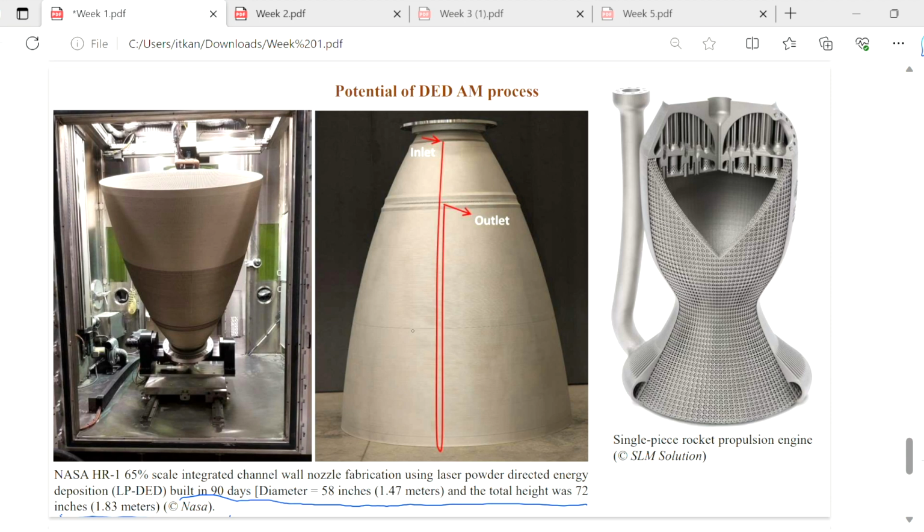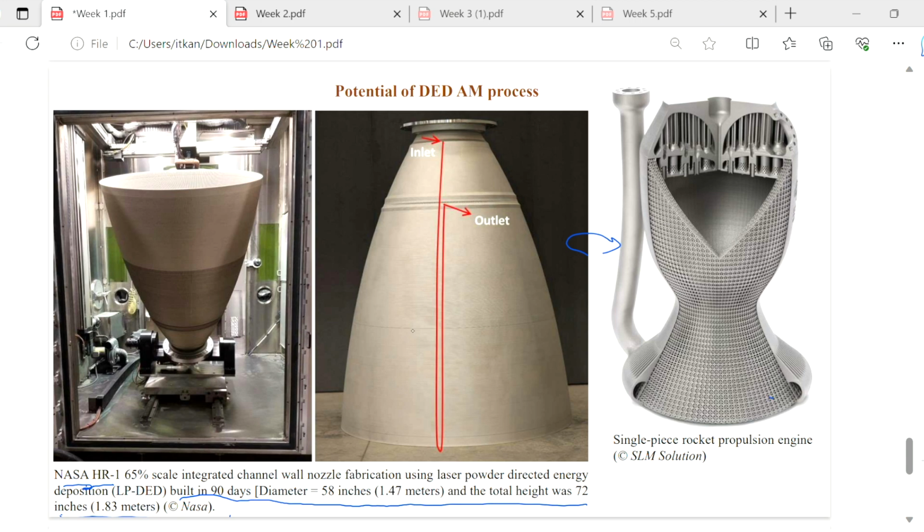This is a wall nozzle fabrication. This can be done with traditional manufacturing processes. Why we did it with 3D printing is that you can see the internal structure of this nozzle, with a cooling channel.